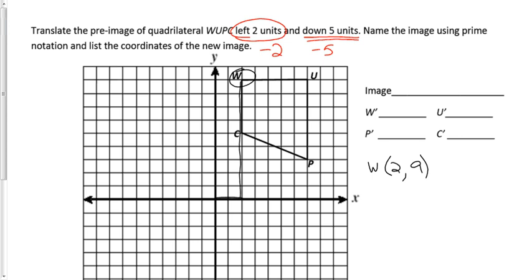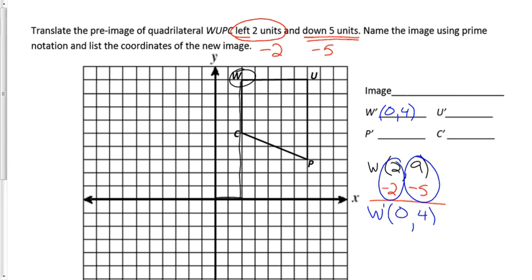If I take my translation and put it right here, I end up finding my new W. 2 minus 2 is 0, and 9 minus 5 is 4. So the coordinates of W prime are 0, 4. I can do that by counting on the grid, or by working this out.